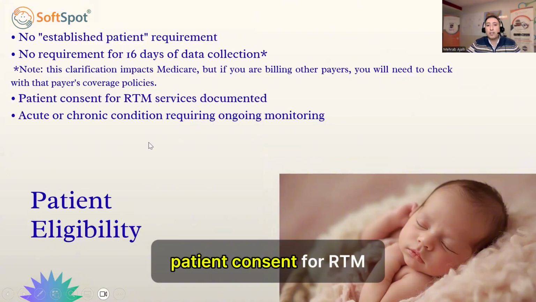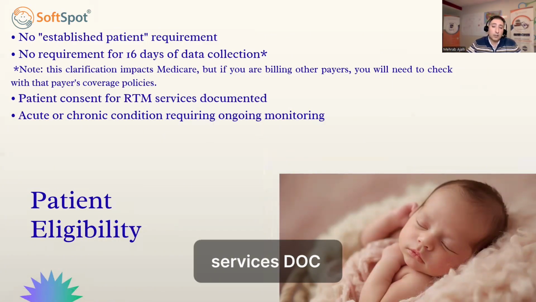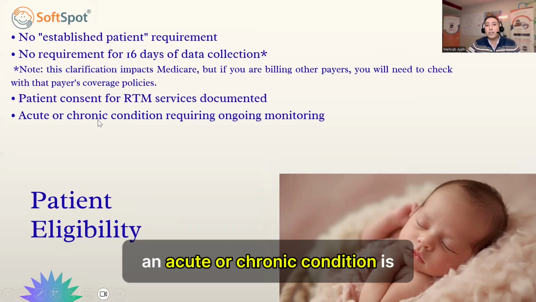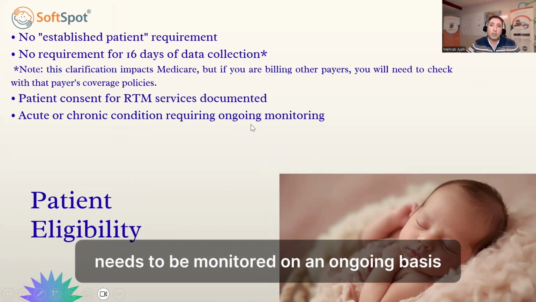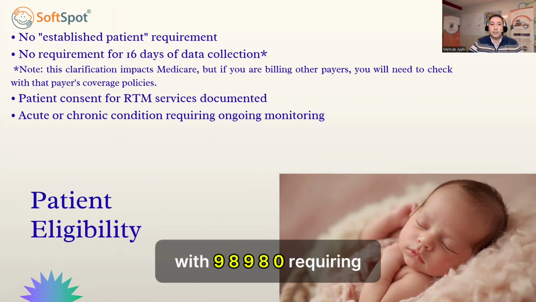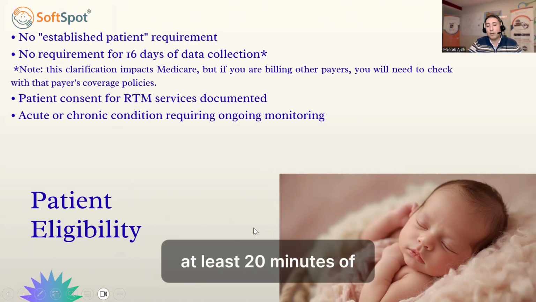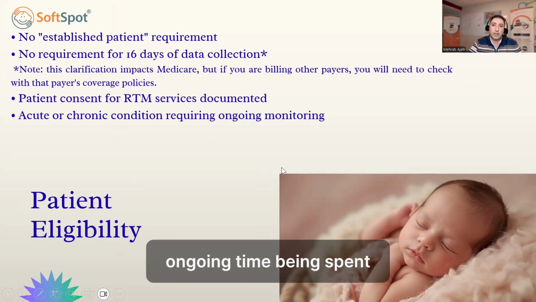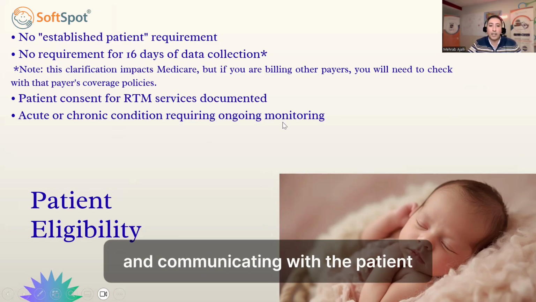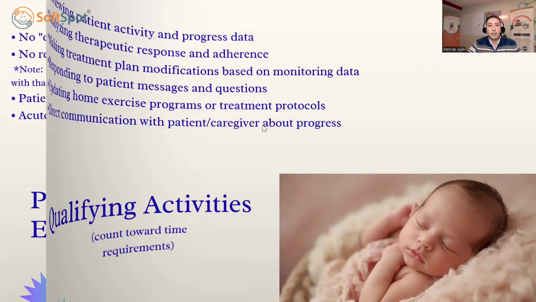Patient consent for RTM services needs to be documented, and an acute or chronic condition needs to be monitored on an ongoing basis. Again, with 98980 requiring at least 20 minutes of ongoing time being spent going over the SoftSpot reports and communicating with the patient.